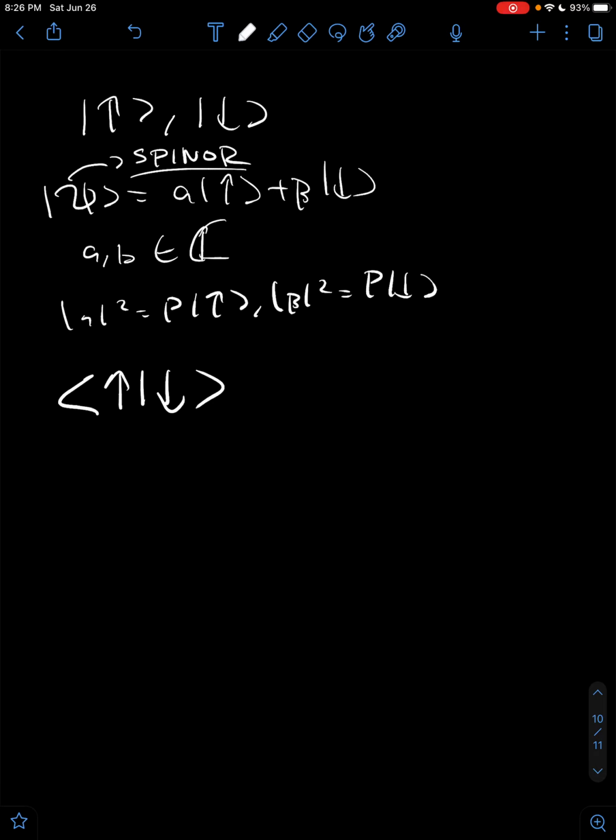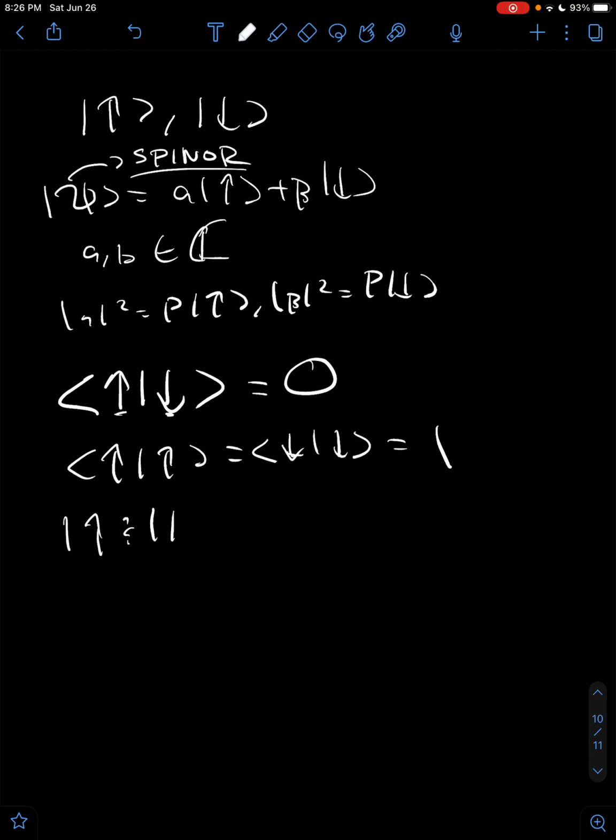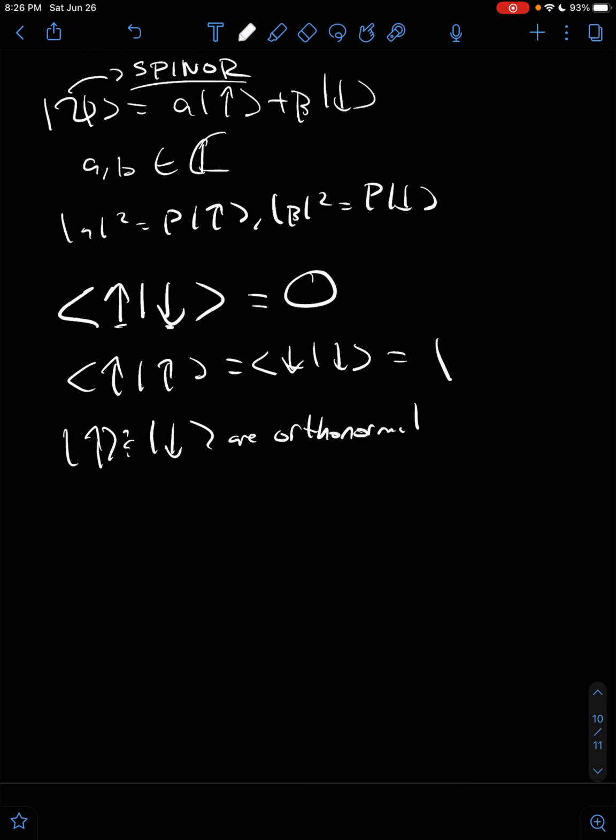This is just a definition, but the dot product between spin up and spin down is 0. And the dot product between spin up and spin up equals the dot product of spin down and spin down, which equals 1. So in other words, spin up and spin down are orthonormal to each other, since they have a length of 1 and they are situated at 90 degrees from each other.